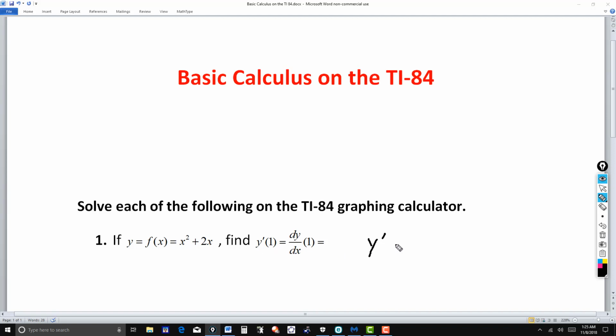So if the function is y equal f of x, then y prime will be the same thing as f prime of x, which will be the same thing as dy over dx. There's just different symbols for the same thing, the derivative of the function.